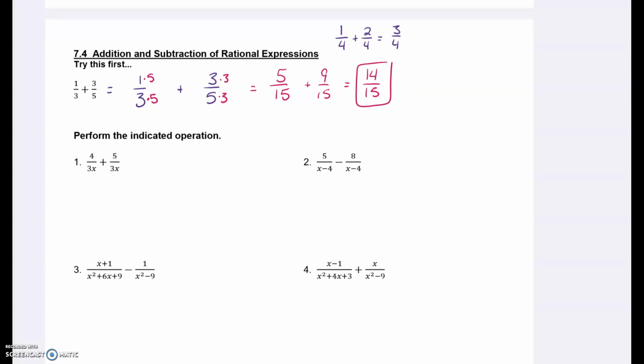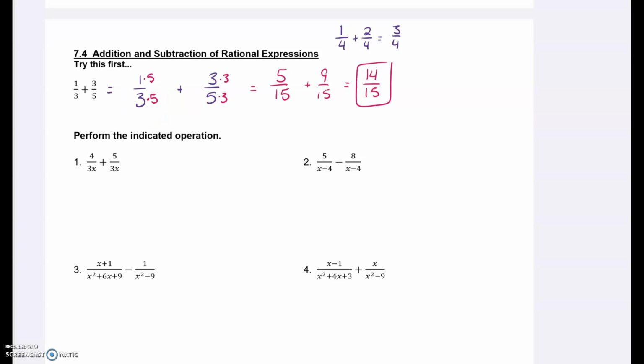What you're basically doing is multiplying the fraction by a fancy version of 1. 5 divided by 5 is 1. So you're taking 1/3 times 1, a fancy version of 1, to change that fraction into 5/15.